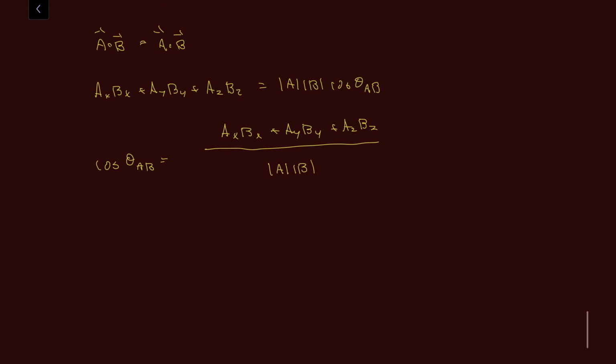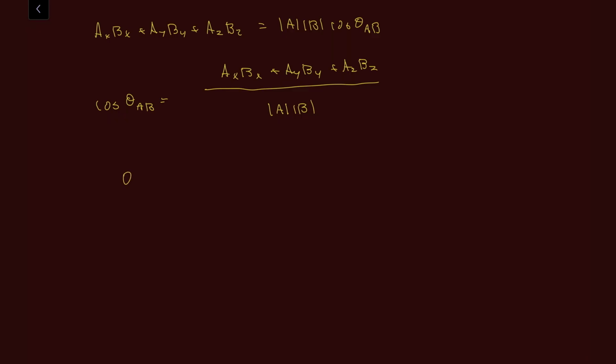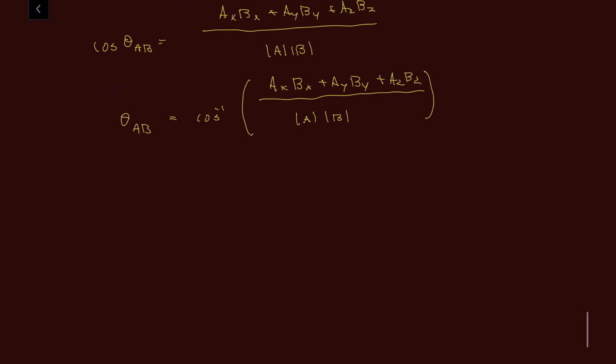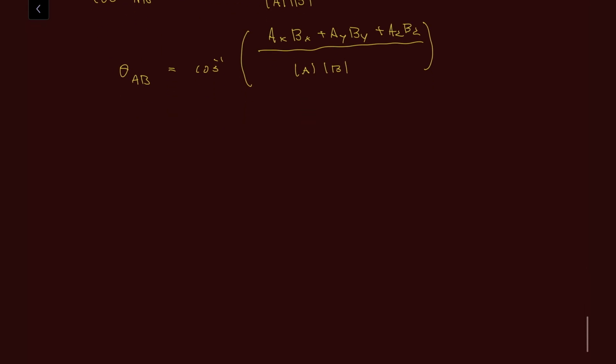And now we have to do the inverse cosine on each side to get the angle by itself. I want you to pay attention to what I'm doing here. I'm solving out the problem symbolically all the way to the end before I plug in any numbers. The reason we're doing this is because we have to get used to it, because in advanced studies, you deal with symbols more than you deal with numbers.